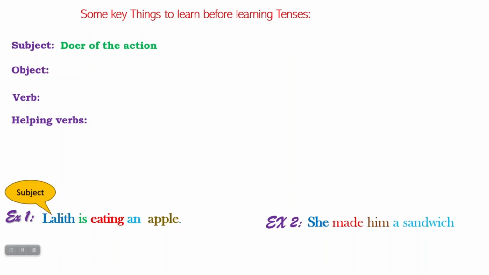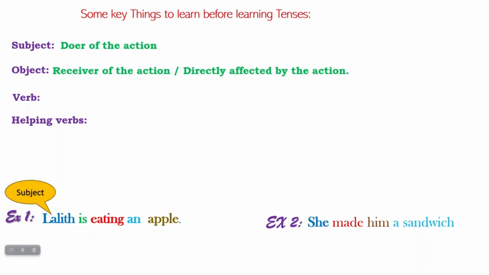Next, object. Object is a person or a thing that is the receiver of the action or directly affected by the action. If you see in this example, who is directly affected by the action? Apple.